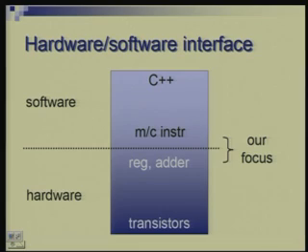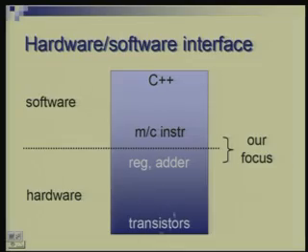If you are a programmer, you will see the machine as defined by a set of instructions, whereas if you are a hardware designer, you will see software in terms of those machine instructions which you need to interpret. So, there are levels of hierarchy within hardware, and levels of hierarchy within software.